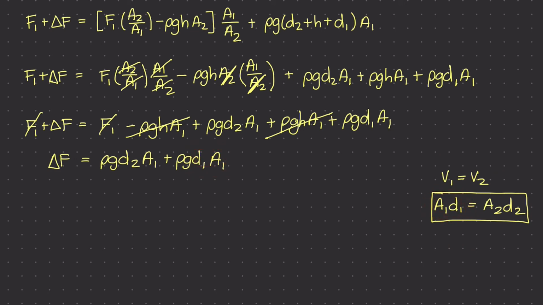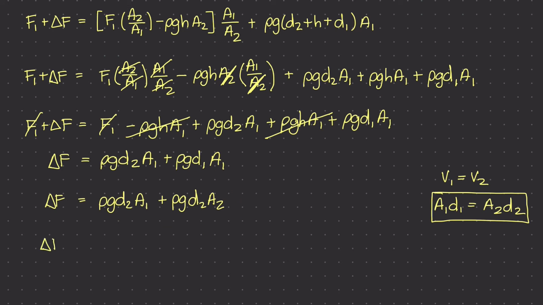What that leaves us with is delta F is rho G D2 times A1, nothing changes there, plus rho G D1 A1, which is really D2 A2. That is just this term right here. Again, we can take out rho, G, and D2 in both of these terms and simplify a little bit.